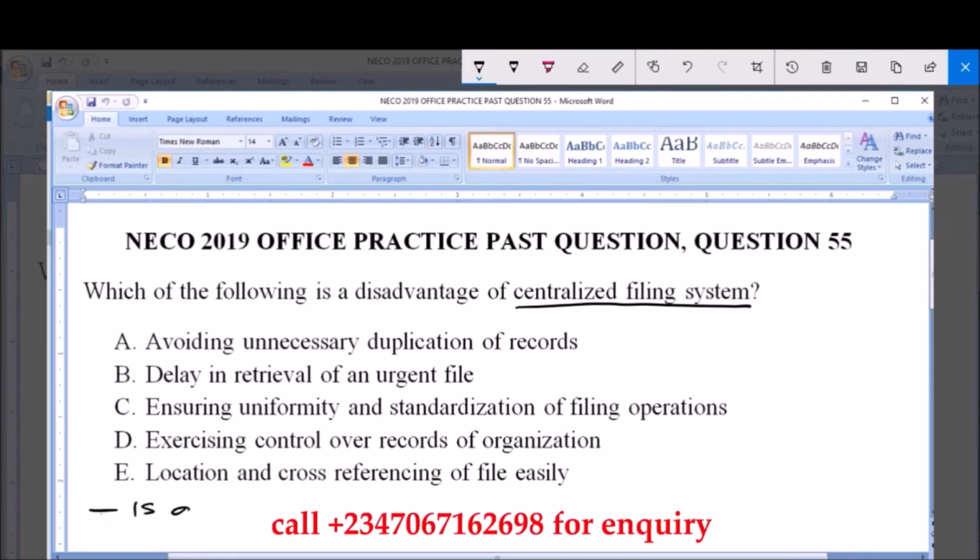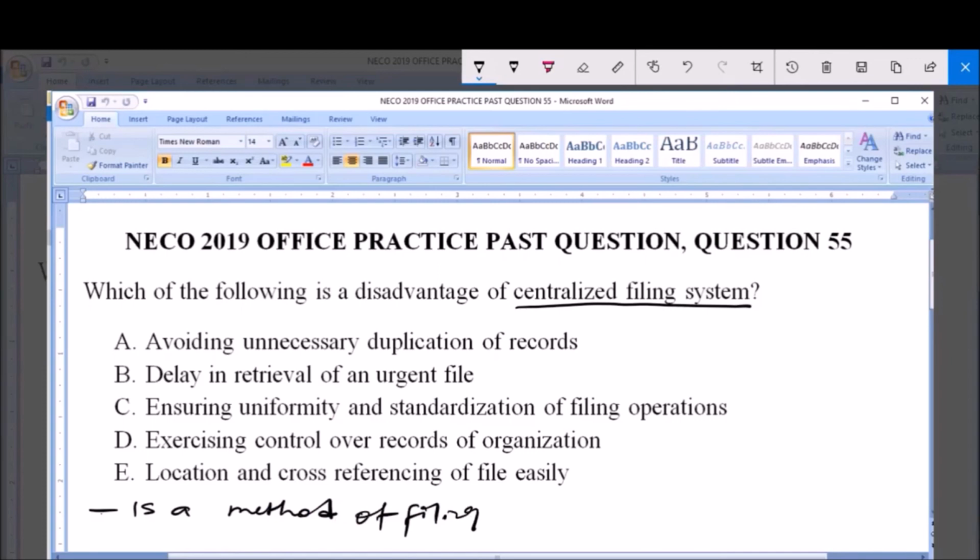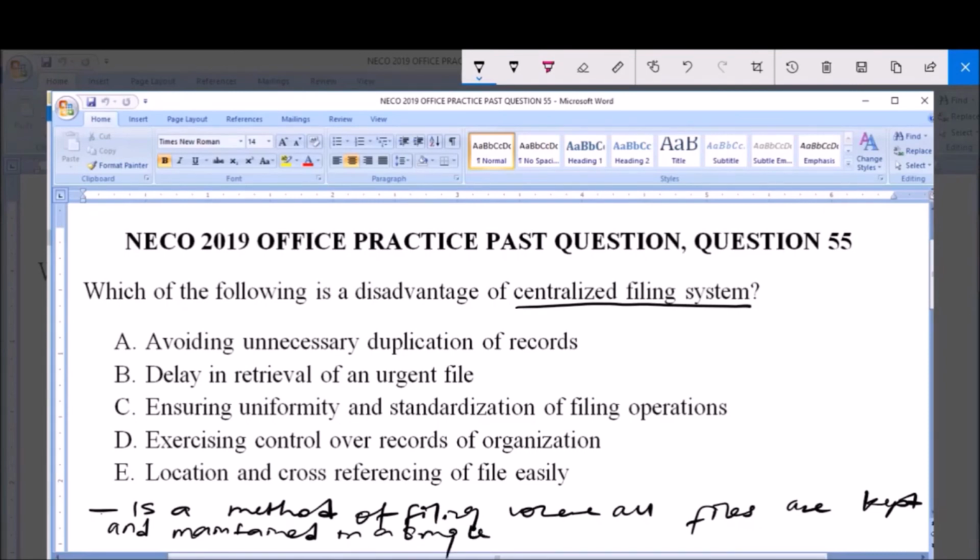A centralized filing system is a method of filing where all files are kept and maintained in a single room or office, and messengers come from other departments to get them.